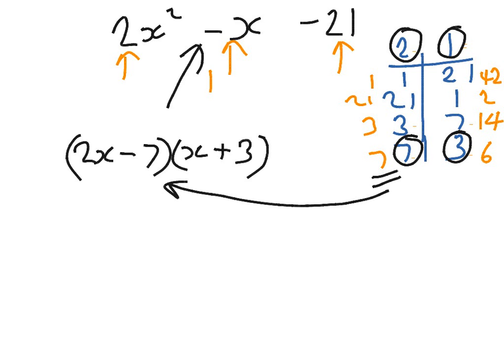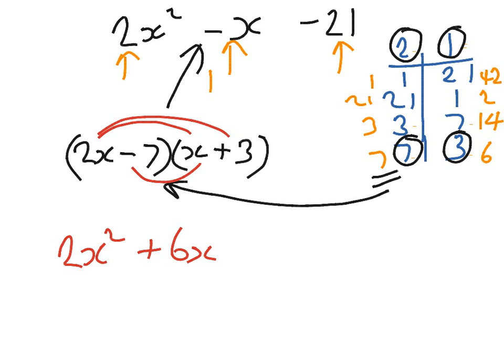And of course you can do this in your head, but I'm just going to write this out. So 2x multiplied by x is 2x squared. 2x multiplied by 3 is 6x. Negative 7 multiplied by x, negative 7x. And negative 7 multiplied by 3 is negative 21.